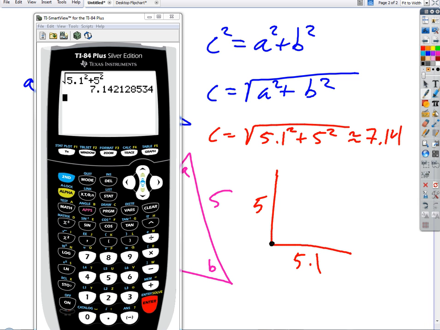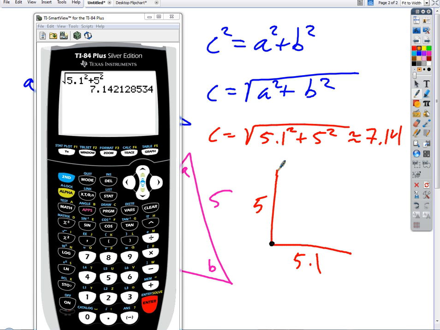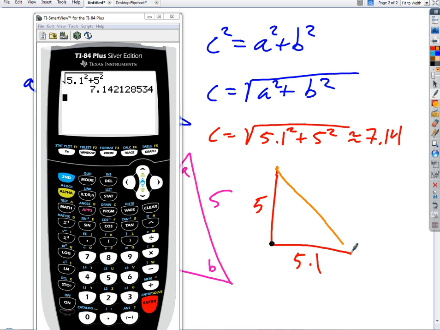And then I'm going to stretch a rubber band across that gap. If we make this a right angle, the length of that rubber band is going to be 7.14, right? Because that's the hypotenuse that goes with those legs. If the legs of the right triangle have these lengths, then that's what the hypotenuse has to be.